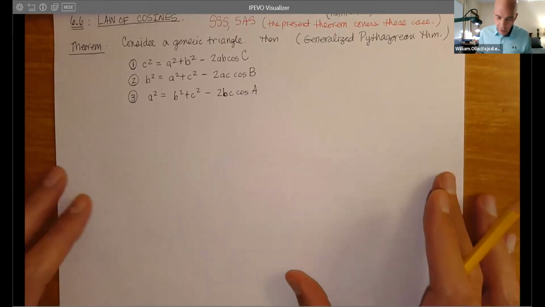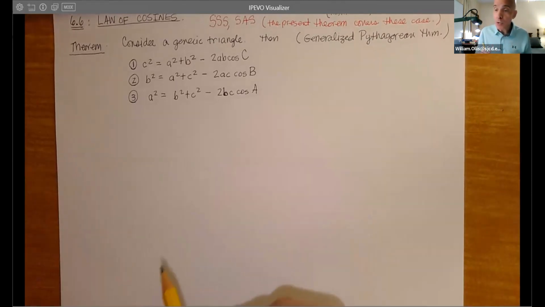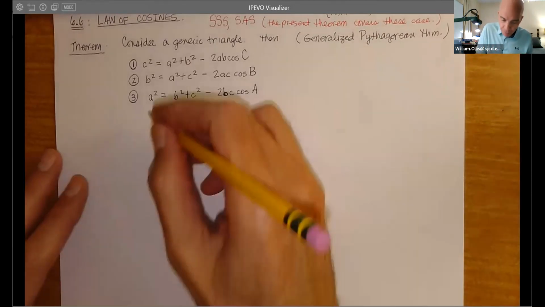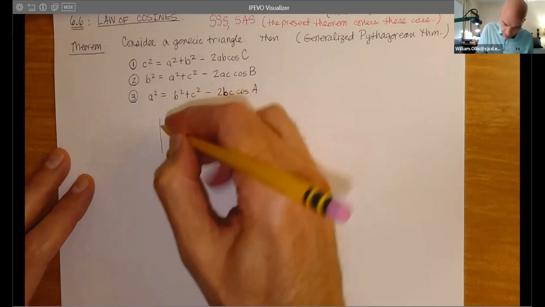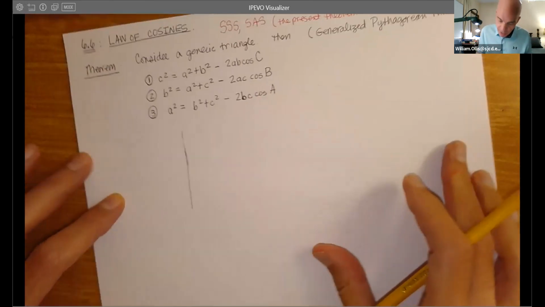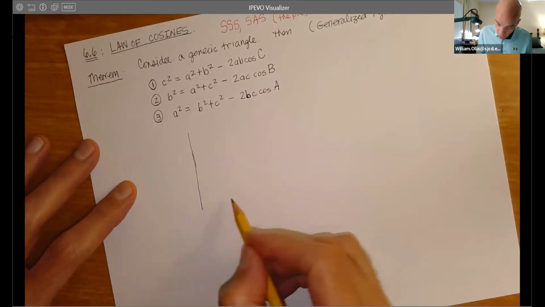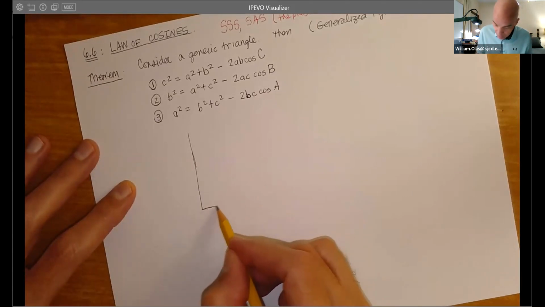Okay, so what I want to do here is just draw an obtuse triangle. But first, I'm going to set up a very simple coordinate system where I'm going to place one of the vertices of the triangle at the origin to make it simple, just like you're doing in a science class.